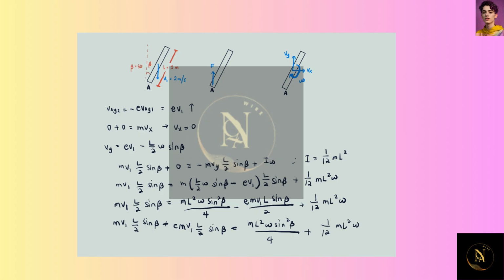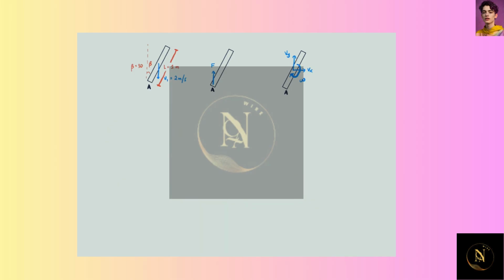Still further simplifying, the left-hand side is m v1 L over 2 sine beta times 1 plus e, and the right-hand side is 3 m L squared omega sine squared beta plus m L squared omega, over 12.